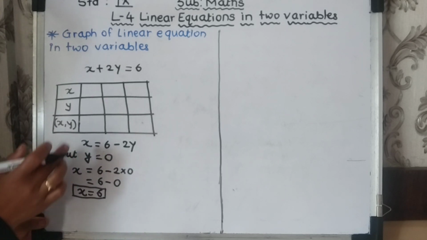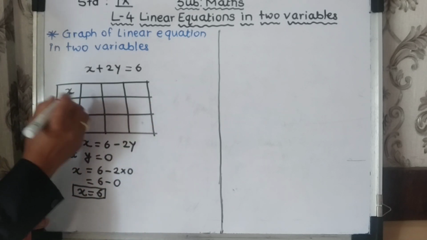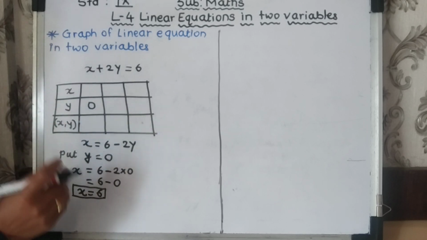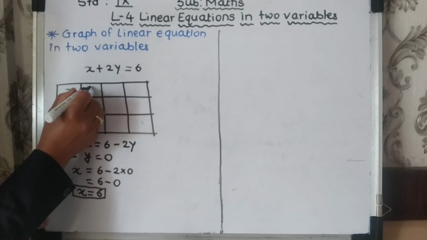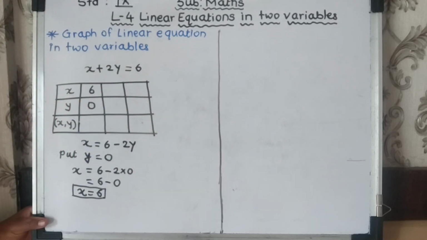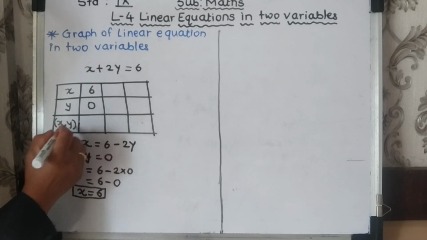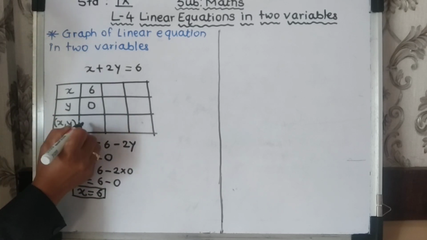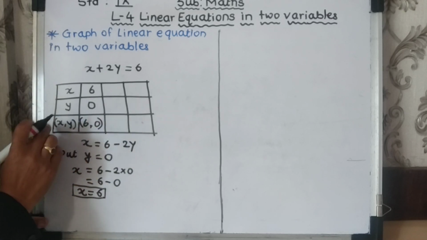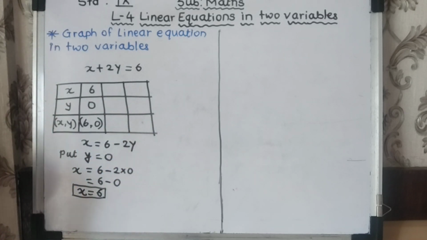So when we have taken y equals 0, that time we got x value 6. Are you getting how I am writing here? Now just write it down. So that solution we will write here, 6, 0. Or if you are not making this one, then also it is okay.